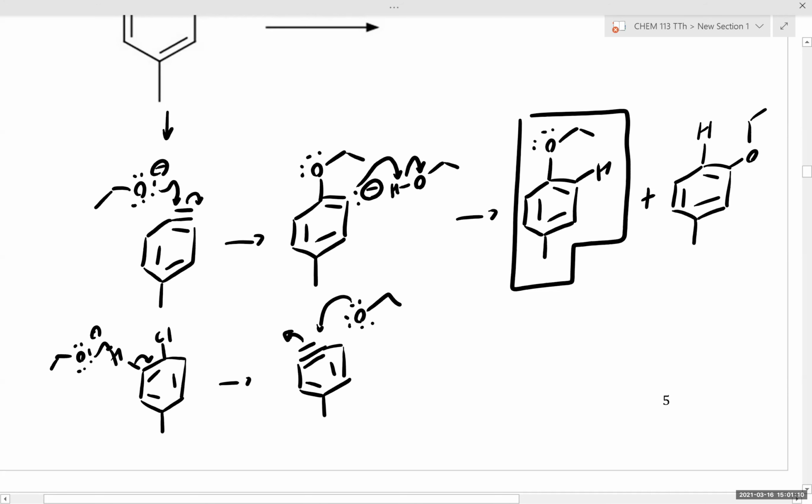Yes, by definition, you can make multiple different benzyne intermediates, and as a result, you can end up with multiple regioisomers. That's not observed in this example, however. But if the chloride was meta, yes, you would see a mixture of regioisomers. Any other questions on this example? Any other questions that I can address?